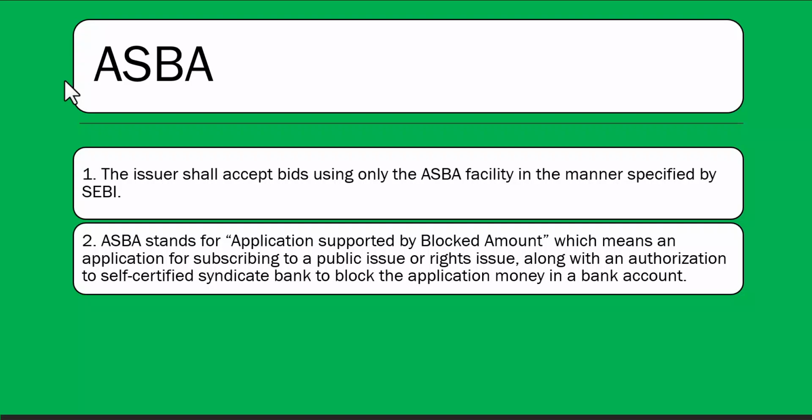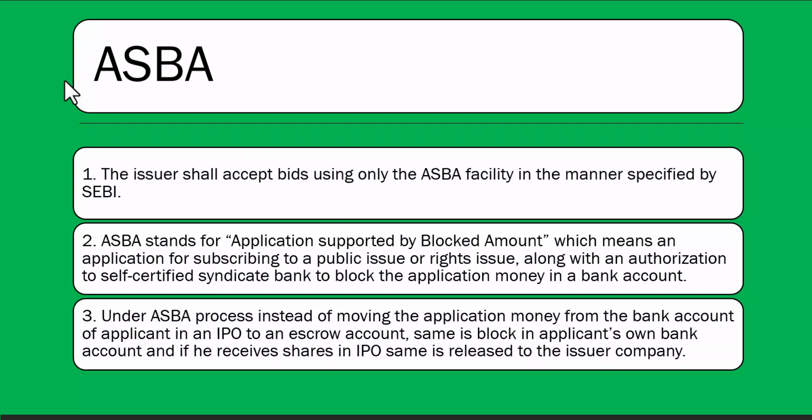Certain banks have been classified as self-certified syndicate banks, and these banks are authorized to raise money through the mechanism called ASBA. The public is going to apply through the self-certified syndicate bank branches, either online or in physical form at those designated branches.